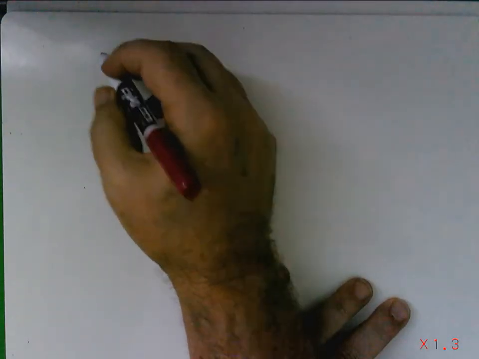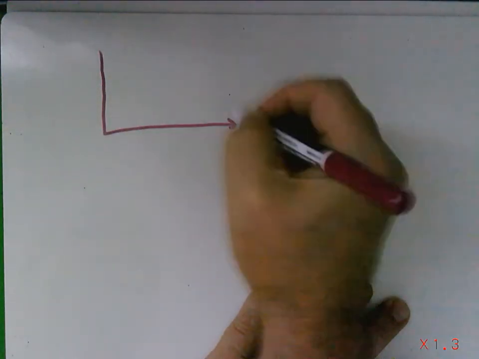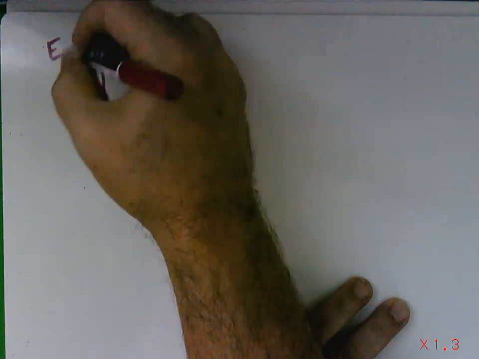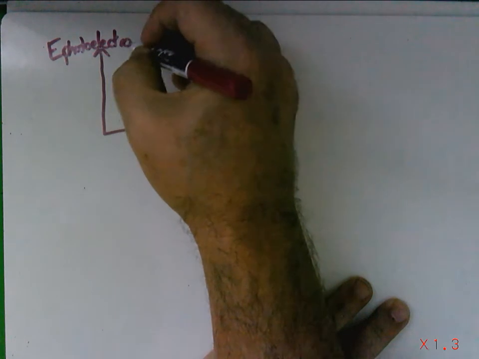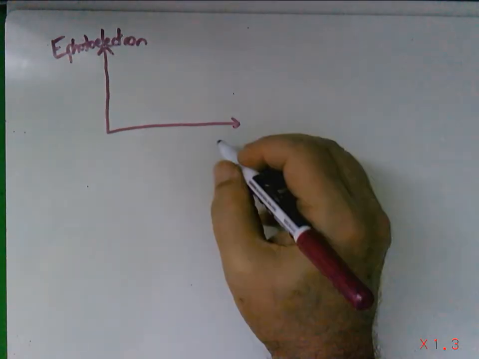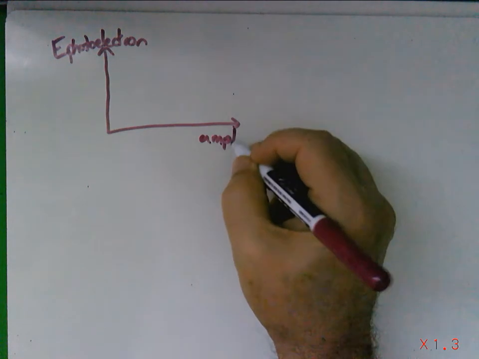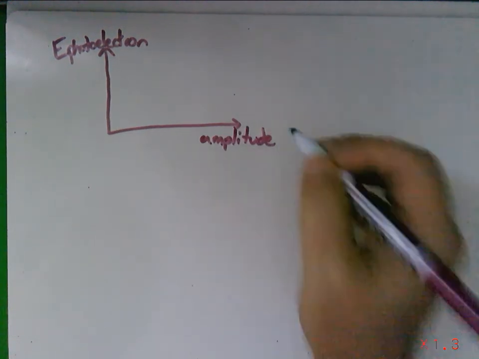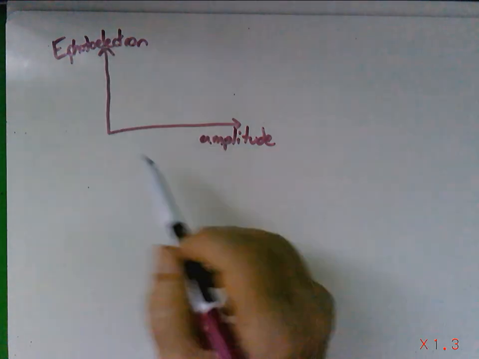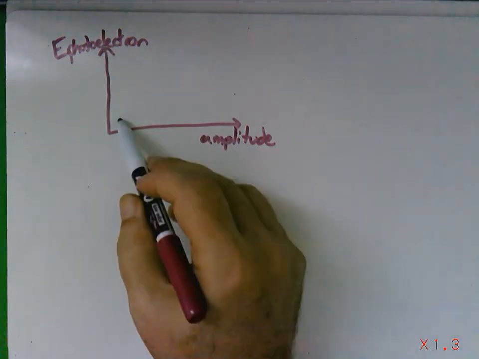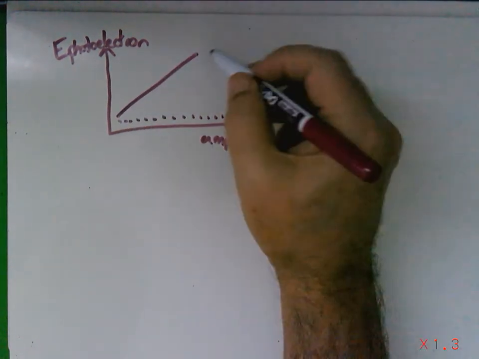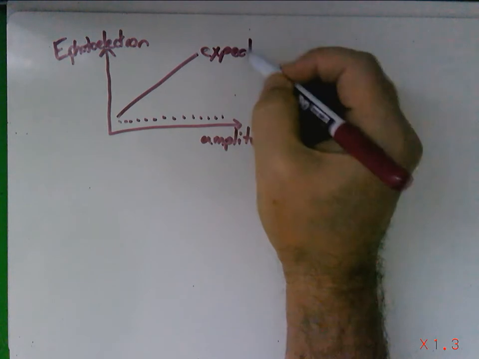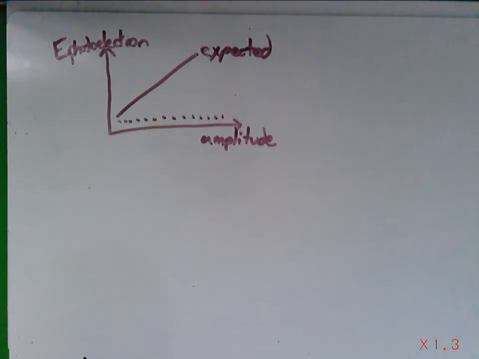They looked at a graph that plotted E photoelectron on the y-axis versus the amplitude of the light on the x-axis, and the energy of the individual photoelectrons did not change. They just got a flat line. So they expected this, maybe not a line, but some kind of increasing curve, but they got really no change when they were changing the amplitude.